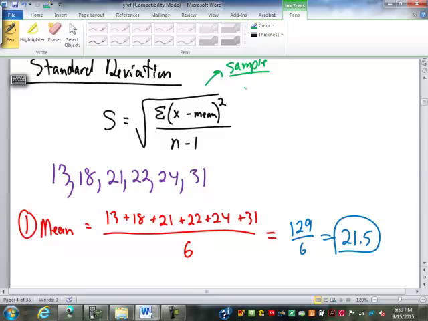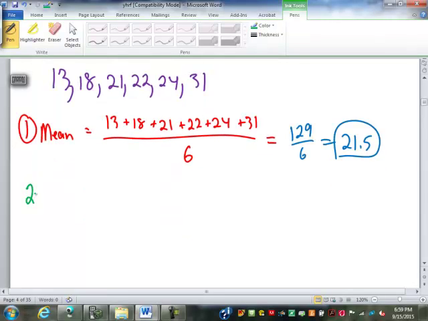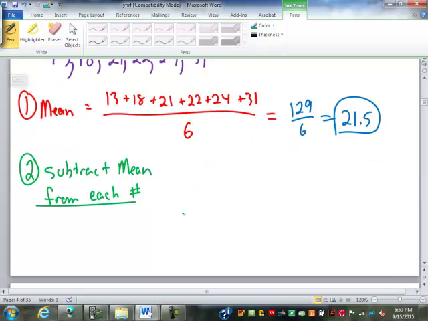Step 2 is subtract the mean from each number. So I'm going to list the numbers out.